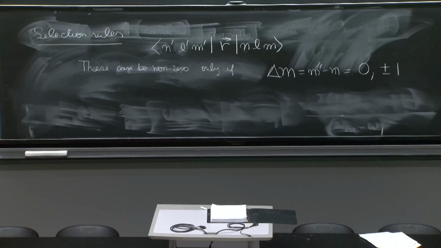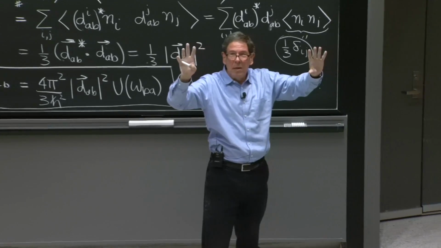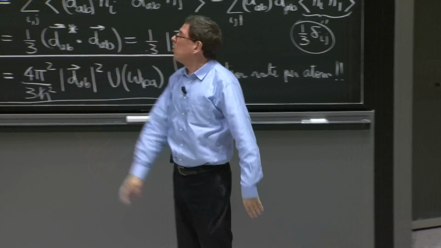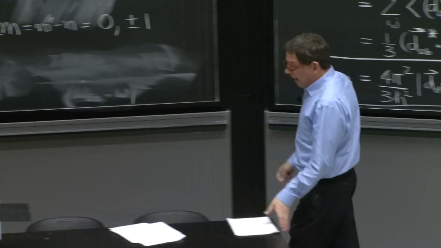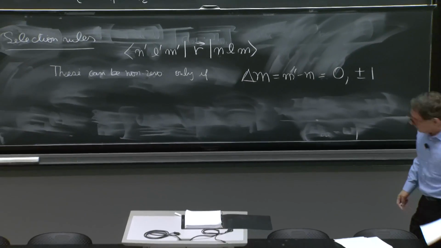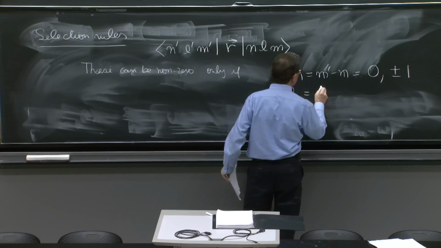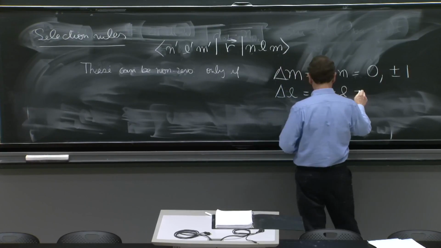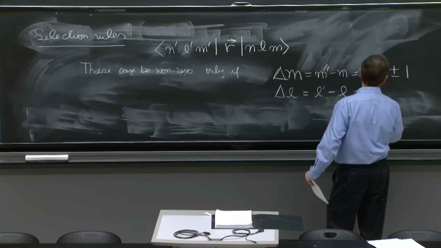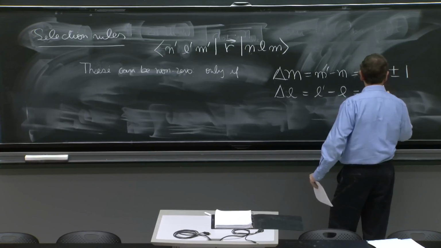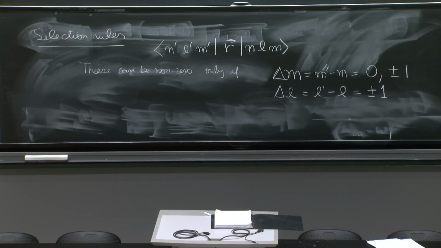You cannot change the quantum state of a system with a dipole interaction unless m changes at most by 1. And moreover, the one that is quite interesting as well is that delta L, which is L prime minus L, must only be plus or minus 1. So those changes have to happen.